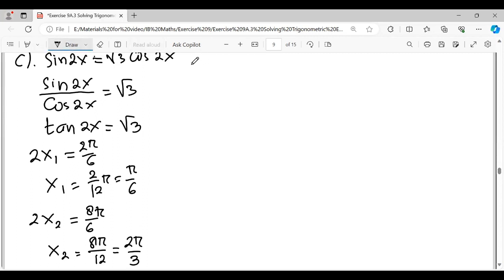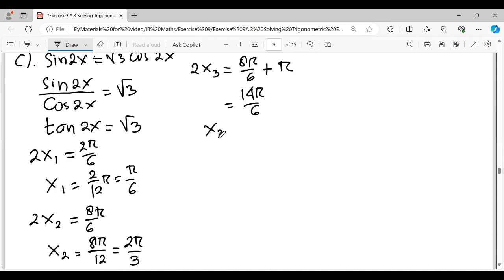Then 2x3. We're going to find the third x. Okay. 8 pi over 6 plus pi, 14 pi over 6.